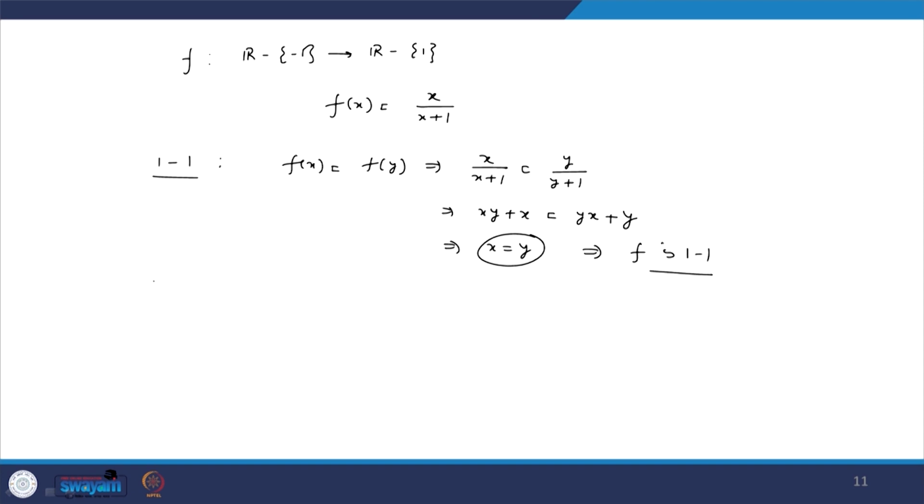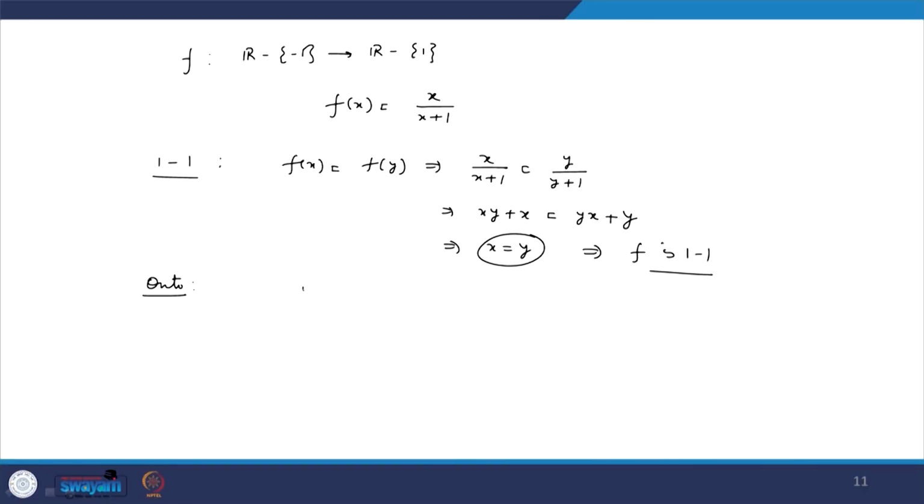Now, how can we discuss onto? Either you draw the graph and show that it covers the entire real line except 1, or you can interchange x and y. Say y equal to x upon x plus 1. This implies yx plus y is equal to x.